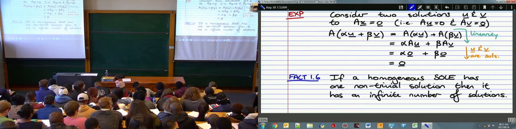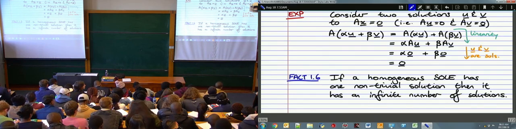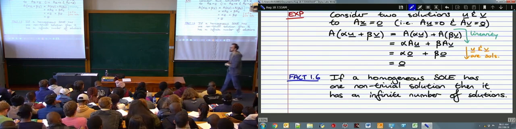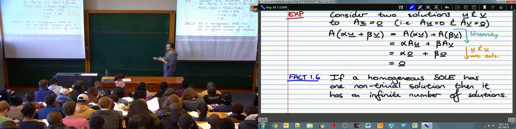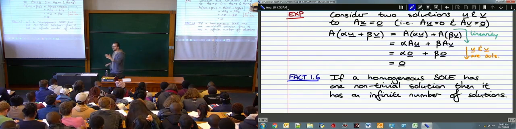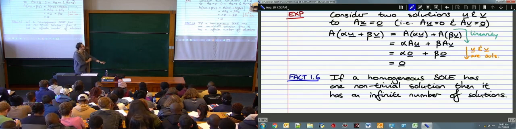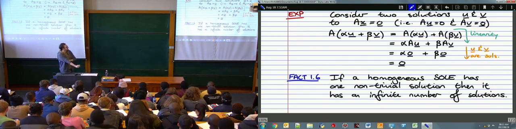It's got this trivial solution, where your vector x is just the 0 vector. So this is saying if you can find one other solution, one which isn't just the 0 vector, then you should be able to find an infinite number of solutions. So as far as the homogeneous case is concerned, you either have one solution or you've got an infinite number of solutions.